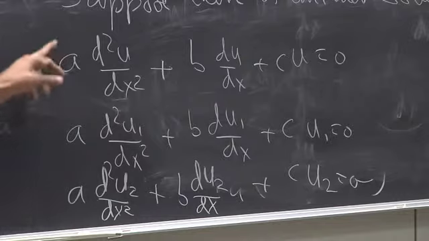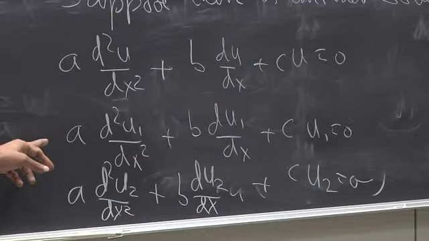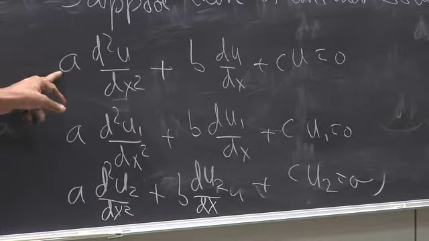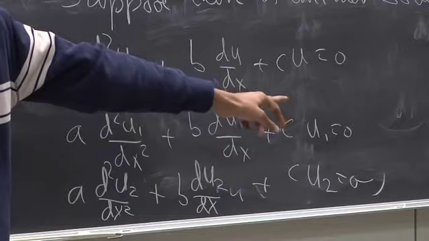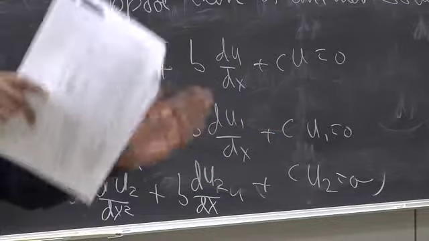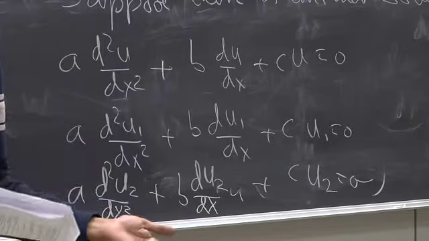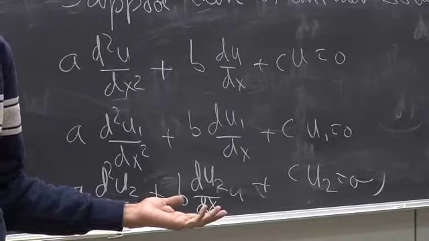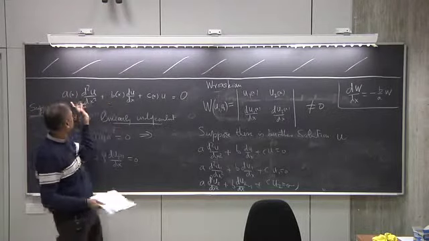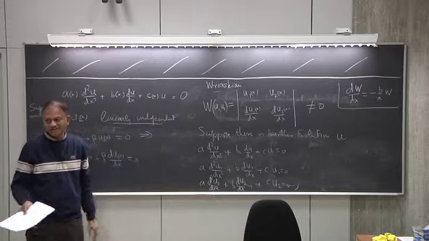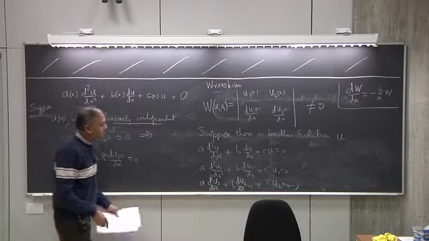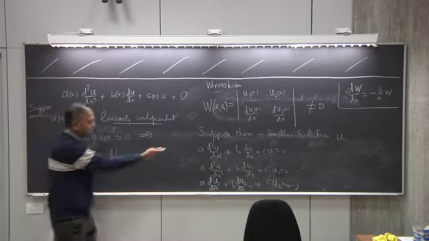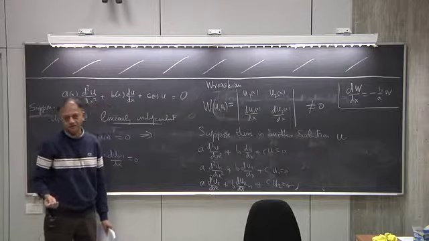Then for this system to have non-trivial solutions for a, b, and c, the determinant of the 3 by 3 matrix must be equal to 0. Otherwise, the only solution will be the trivial solution, a, b, and c equal to 0. But then the equation is trivial. If all these coefficients are 0, there is no differential equation here, right? So we want a solution for a, b, and c which is non-trivial, not all 0.